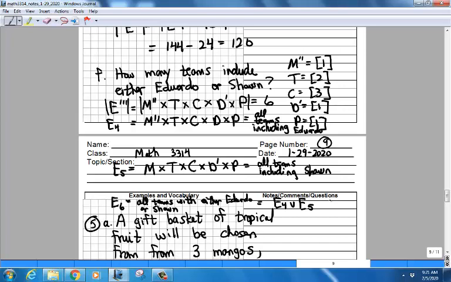You can adjust E5 with a small adjustment. I have an easier way. You can just subtract E triple prime. Sure you can. Should you put parentheses around that, or does it matter?